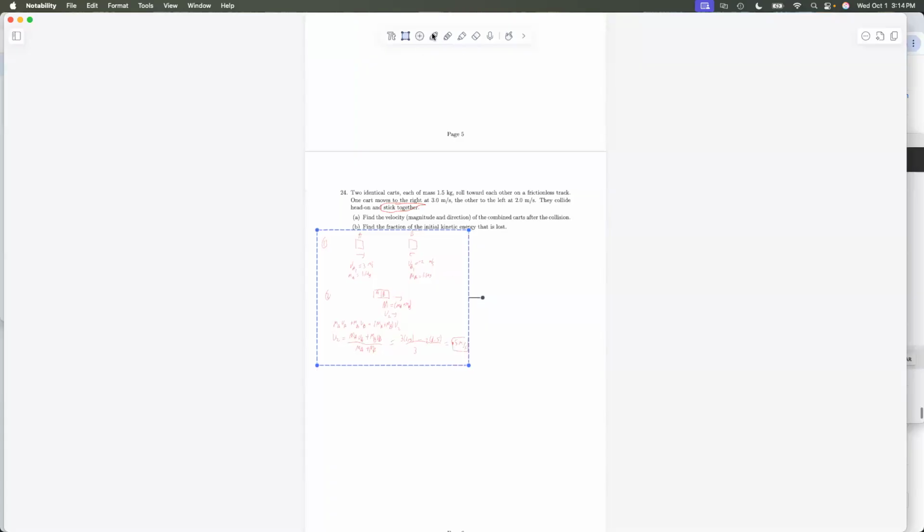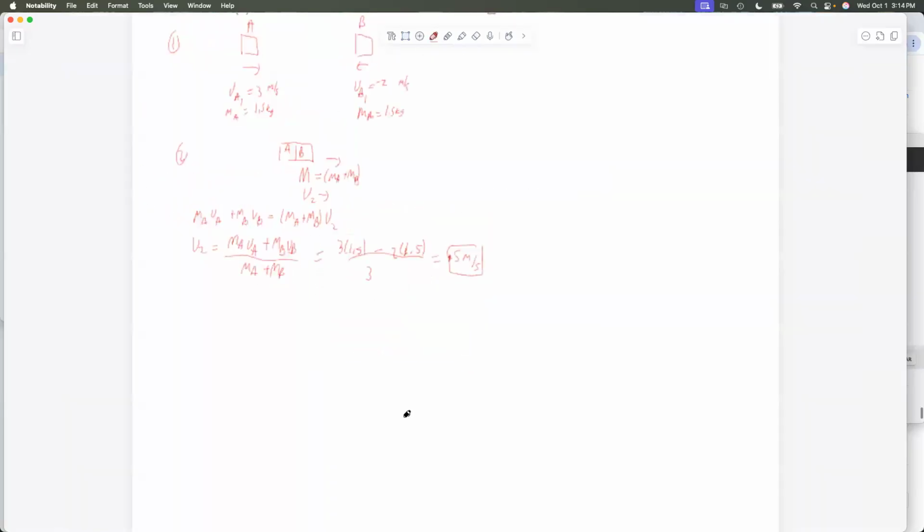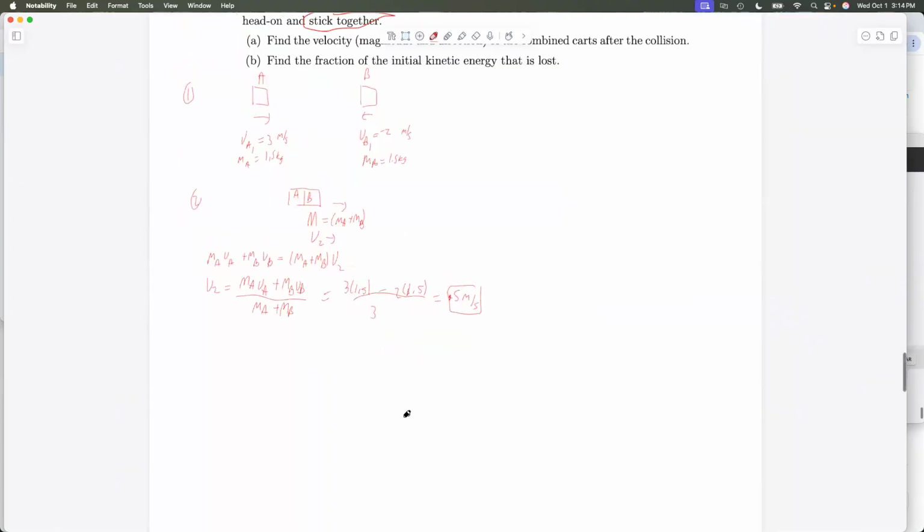There's my initial before the collision: 1/2 MA VA1 squared plus 1/2 MB VB1 squared.